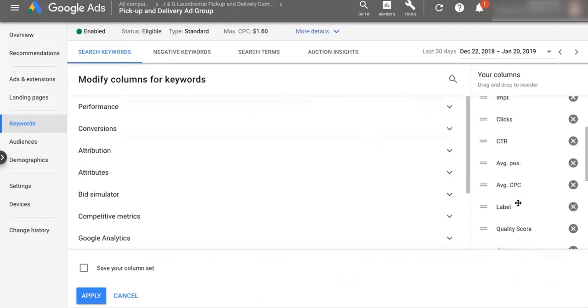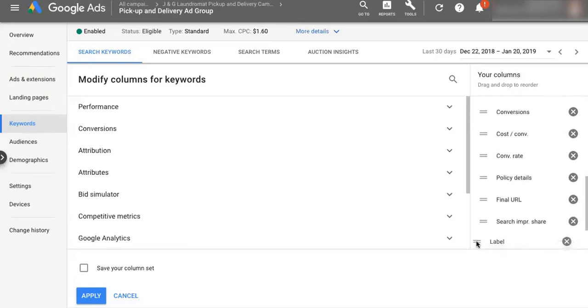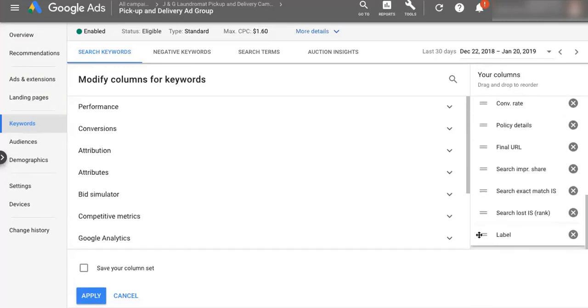Now drag cost up next to, under average CPC. Get rid of label, just kill that one. You can just cross it out. Click on the cross next to label, we'll just get rid of it. The reason I have that is because in an AdWords course that I took, they taught how to use scripts.